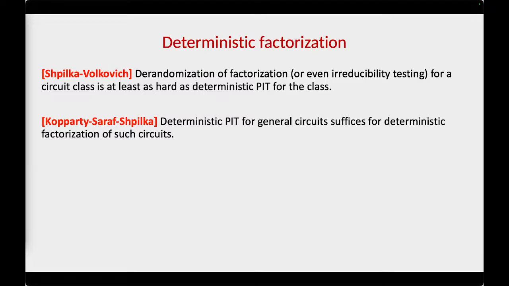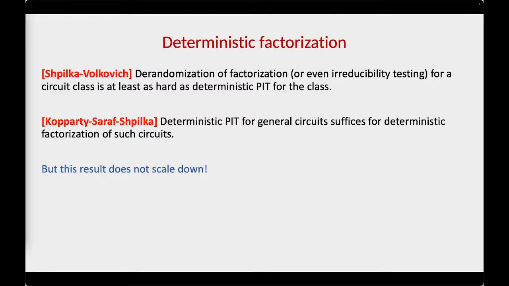And Shubhangi, Swastik, and Amir later showed that there's a connection in the other direction as well, at least for general circuits, in the sense that if we had deterministic PIT algorithms for general arithmetic circuits, then this would give us deterministic polynomial factorization. This will de-randomize Kaltofen's algorithms for factorization. The issue with the second result is that it doesn't scale down.